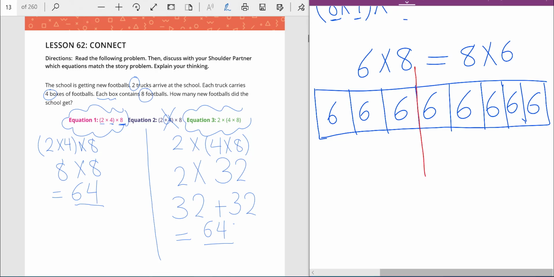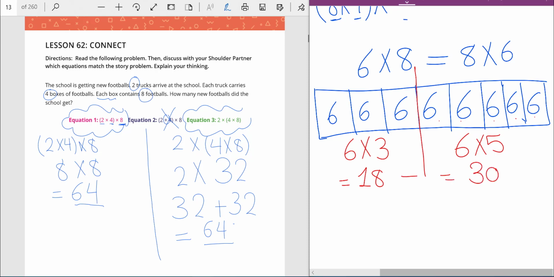Now we have two multiplication equations. The first: I have 3 sixes, 1, 2, 3, so 6 times 3. In the second part we have 1, 2, 3, 4, 5 sixes, so 6 times 5. And we can get the result: 6 times 3 equals 18, and 6 times 5 equals 30.